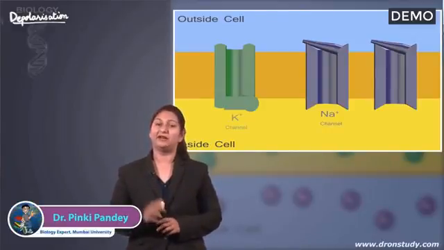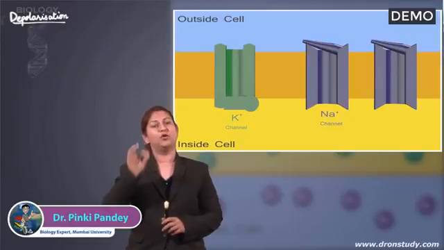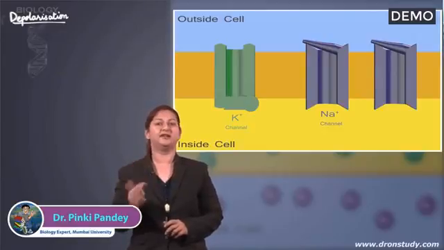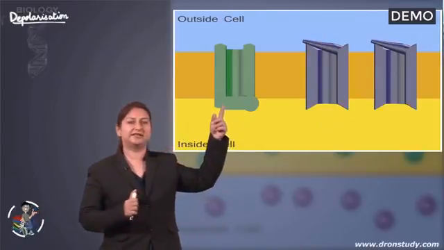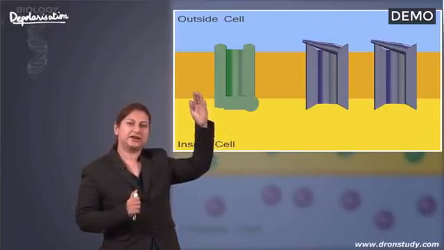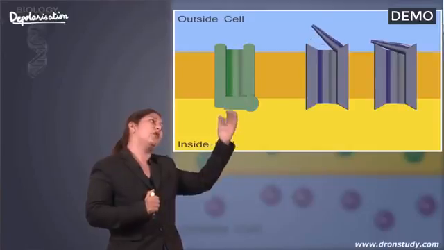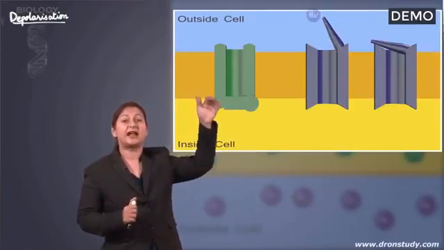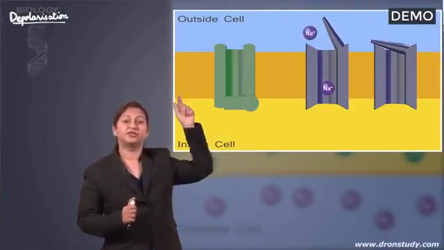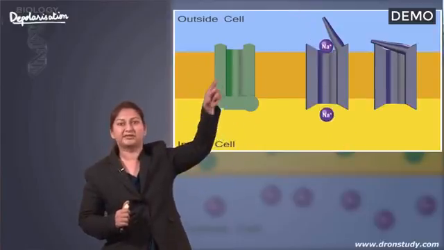I had told you that at one particular time, only one type of ions can enter or exit. So here you can see that as the threshold stimulus is applied, the sodium ion channels have opened and there is a rapid flow of the sodium ions from outside.